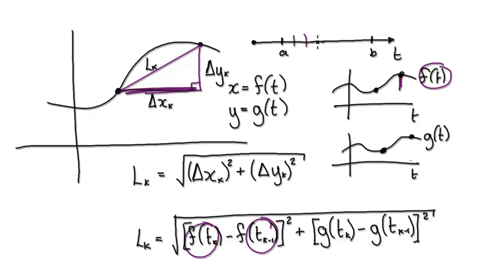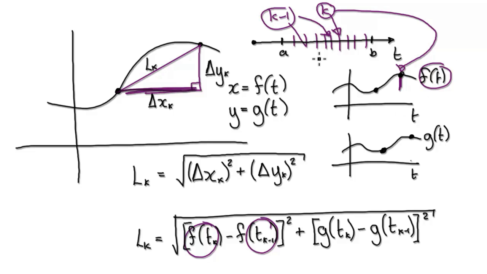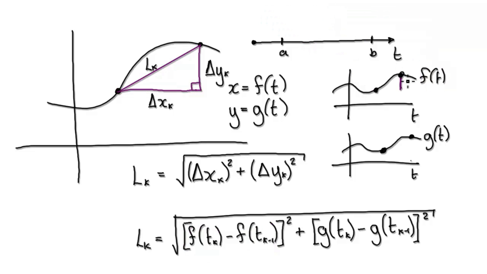So we would cut this up like this. This is k here, and this is k minus 1. So this is t_k right here, and this is t_(k-1) right here. So this height here represents delta x, which can be written as this.